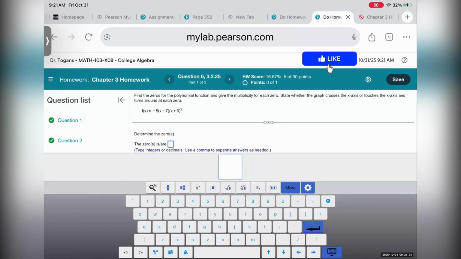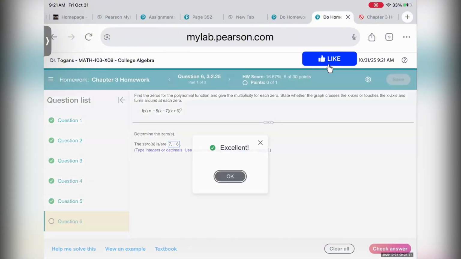I have no idea. Do I put that in here as parentheses? Usually they tell you how they want it. It says type, use a comma to separate them. I don't know if order matters, but we'll find out.